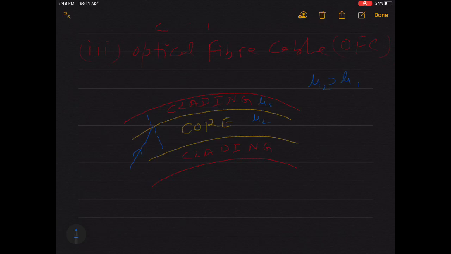The value of angle of incidence is taken such that it undergoes total internal reflection and it is incident on the opposite face.